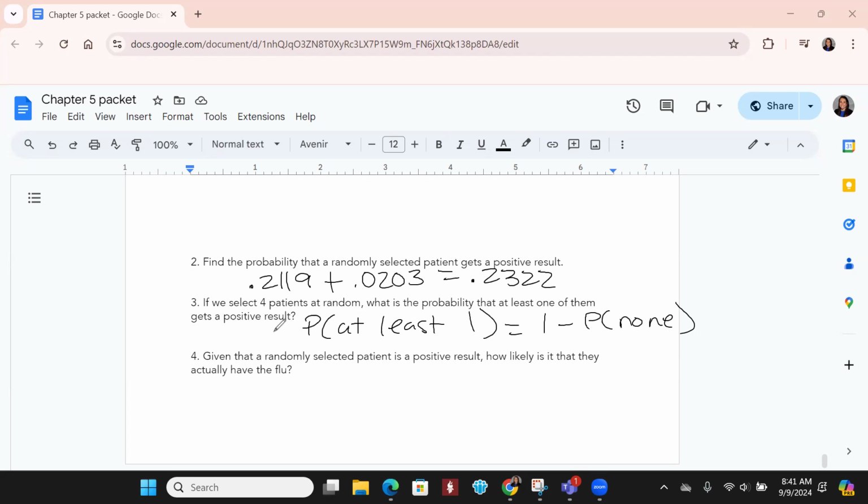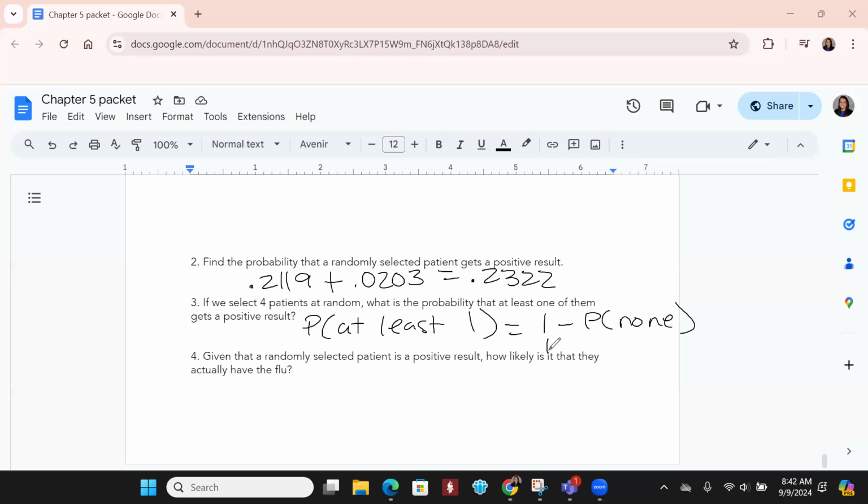Okay, so combine those two, what do you get? Because we want to find the probability of not getting a positive result. What's the probability of at least one of them getting a positive result from the 4 group? We want to find when it's none, so we can find when it happens.